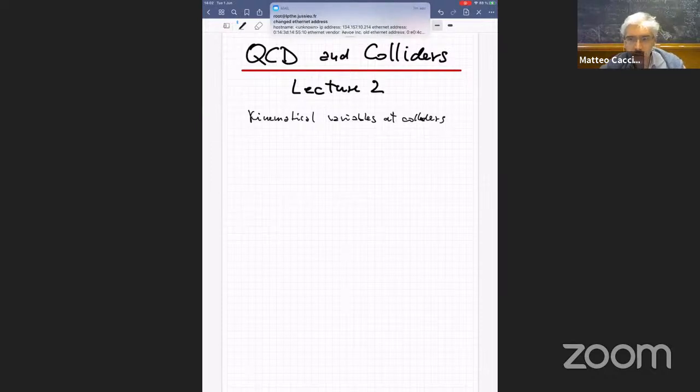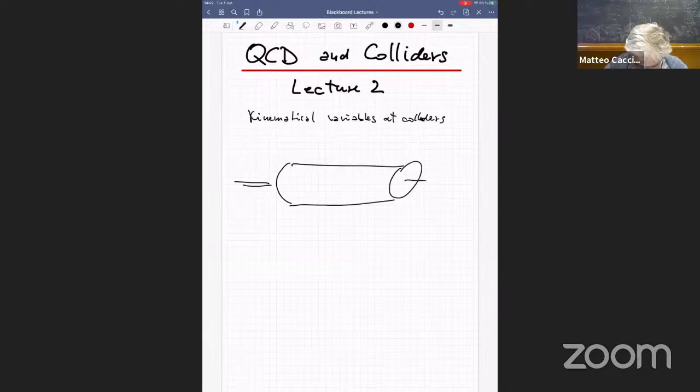As you remember, things collide head-on, and you have your detector inside what is essentially a cylinder. And then here you have your interaction. And out of this interaction, of course, things come out and fly in all directions. What you actually do as an experimentalist is try to measure these things on your detector.